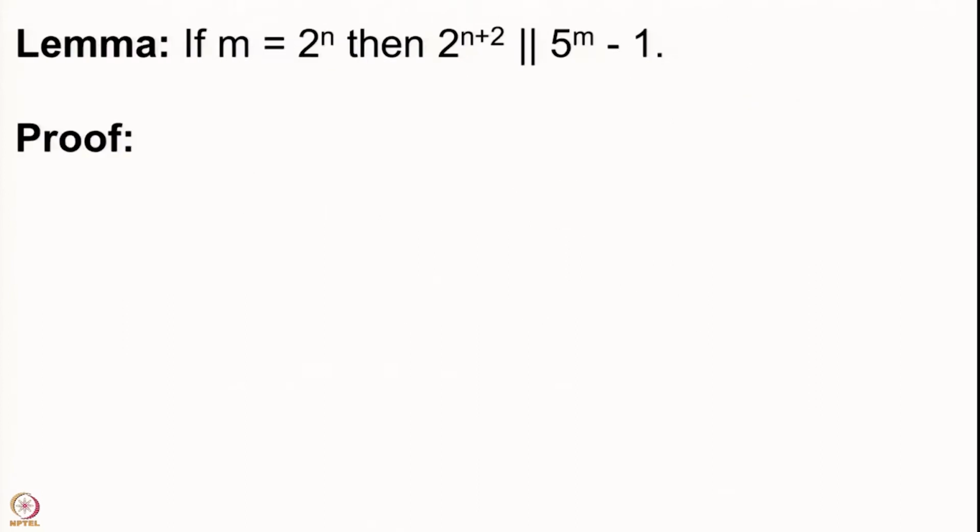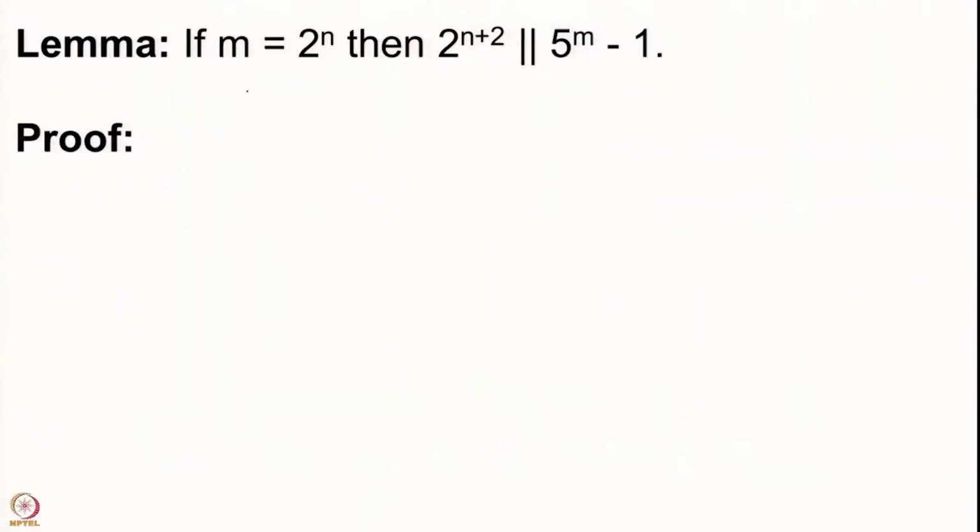As I said, we will have to do one small lemma here. The lemma says that if m is a power of 2, call it 2^n, then 2^{n+2} double divides 5^m minus 1. What is this double divide? The double divide is the exact contribution of the prime 2 to this number.